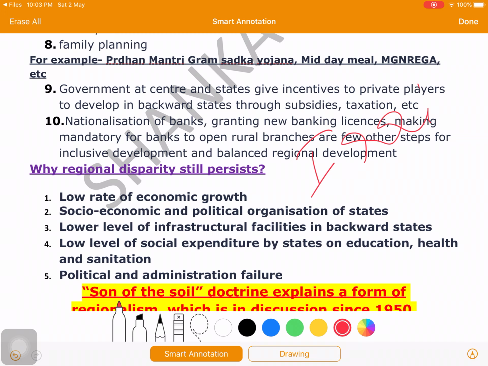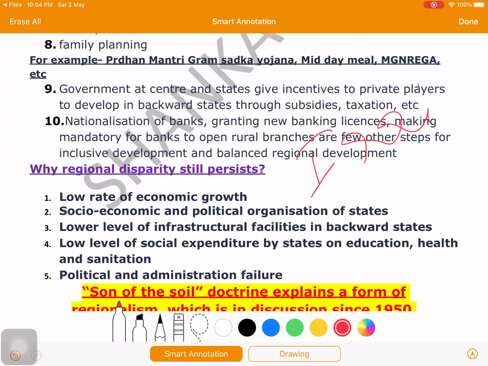Such issues of farmer suicides were highlighted recently by the P. Sainath committee, which clearly says that it is only because of the negligence of the government of India, or the center, which is not coping with the challenges related to farmer suicide. So in reality, interstate industrial disparity is another cause, and agricultural disparity is another cause.